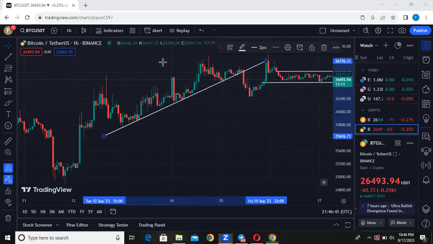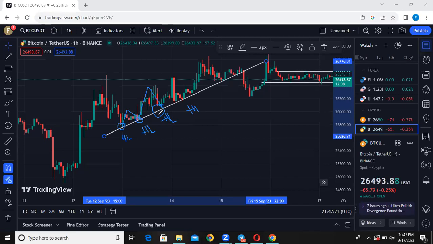So look at what happened. Here you were not too sure. It came, touched the trend line again, went, and so this third touch would have even confirmed to you that you need to go. If you draw and connect your two higher lows, because these are your higher lows, higher lows, higher lows, these are them forming.